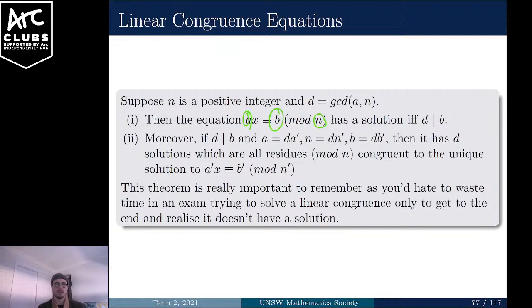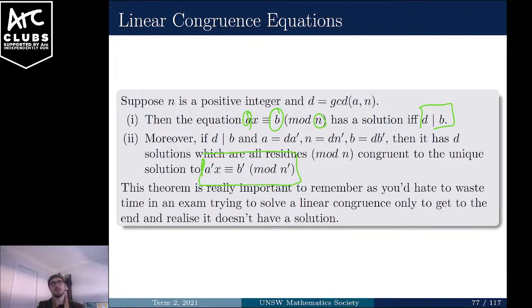Moreover, if d divides b, then with a divided by d as a prime, n divided by d as n prime, and b divided by d as b prime, we need to check that d divides b, because if it does, we have a solution. Otherwise, we don't. If d does divide b, then we can cancel out this factor, and we have this new congruence that we can work with.